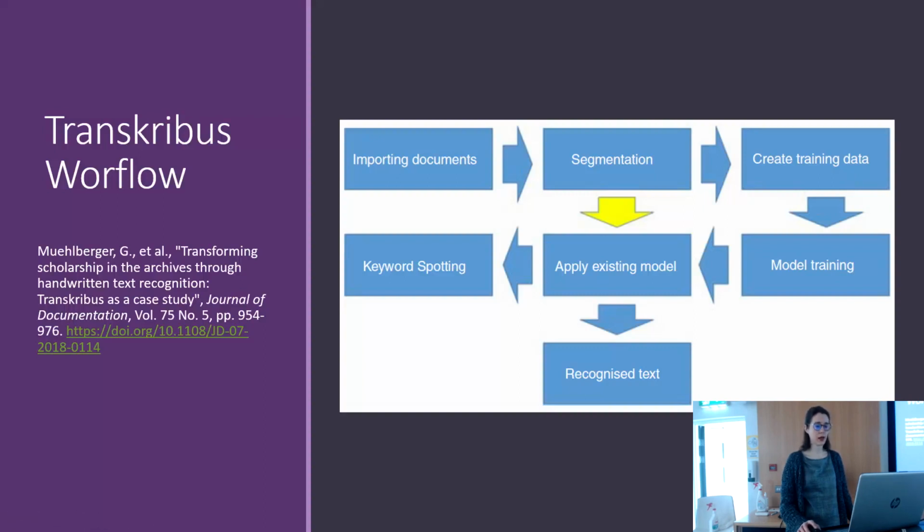You train your model and then you apply it to the documents. Applying HTR, you obtain the recognized text that you can export, and within Transkribus you can also use the keyword spotting tool. So even if the transcription isn't 100% correct, the keyword spotting helps you to find names and phrases.